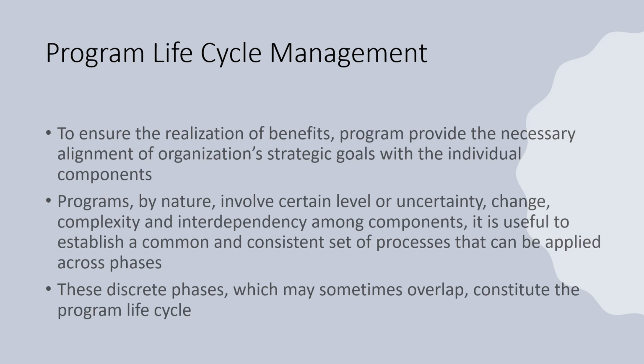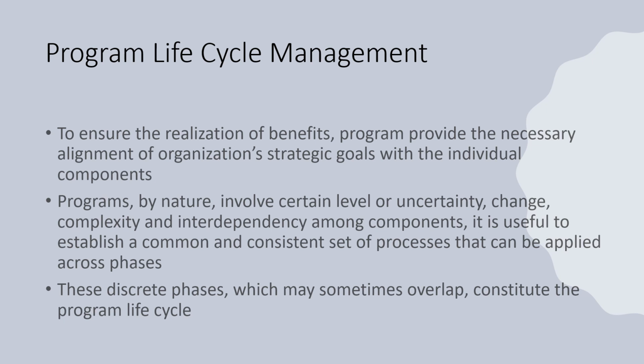Let us try to understand program lifecycle management in a little more detail. To ensure the realization of the benefits, the program provides the necessary alignment of the organization's strategic goals with the individual components. The program by nature involves a certain level of uncertainty, change, complexity, and interdependency among the components.